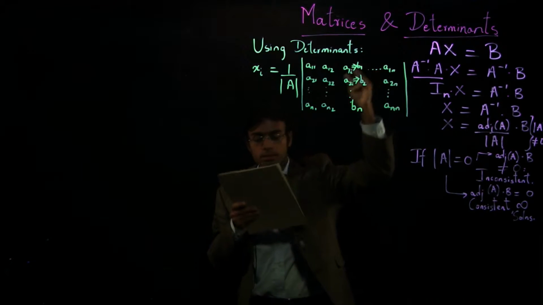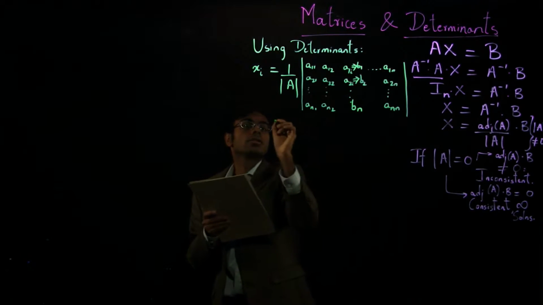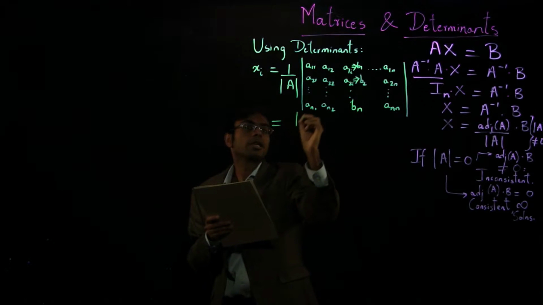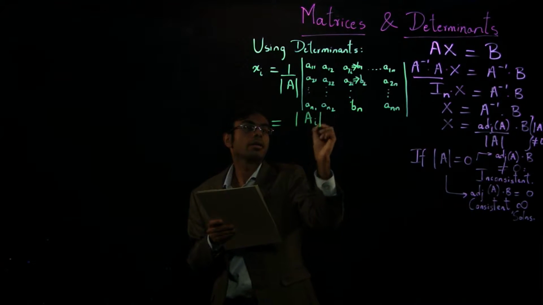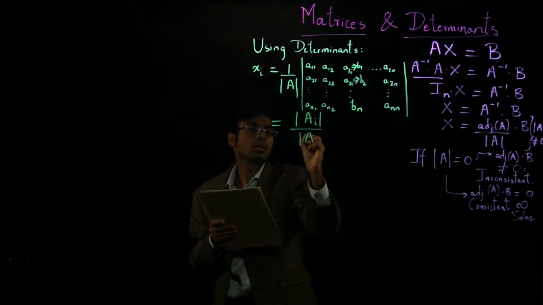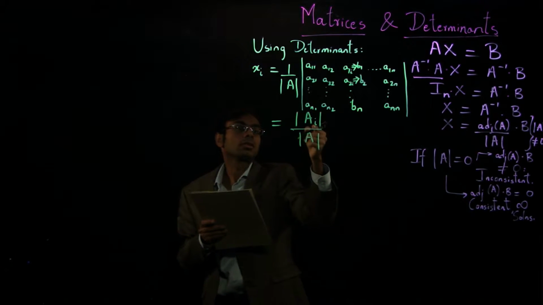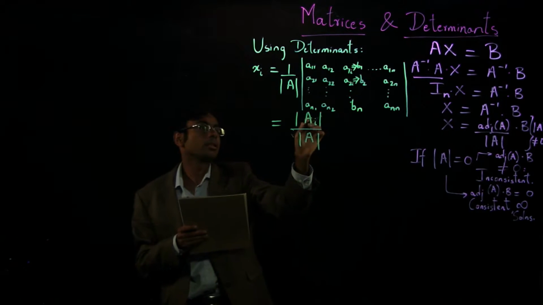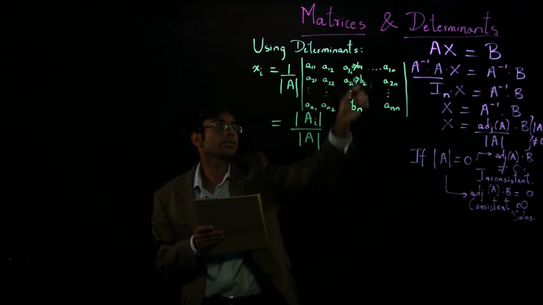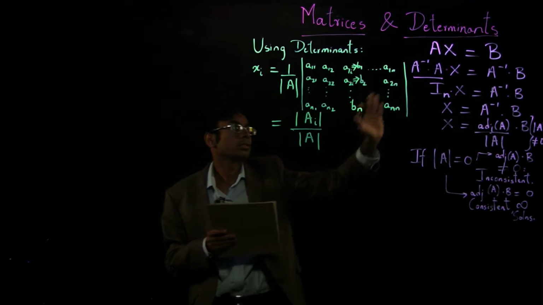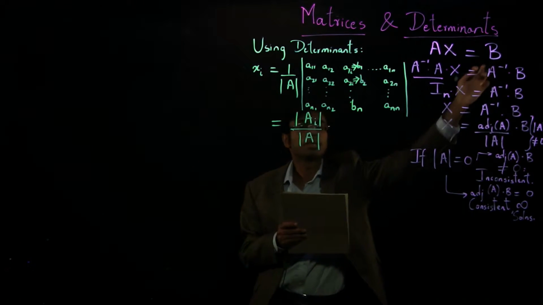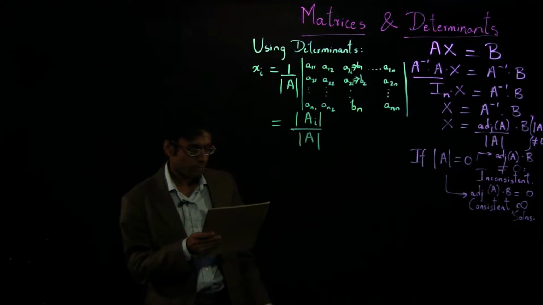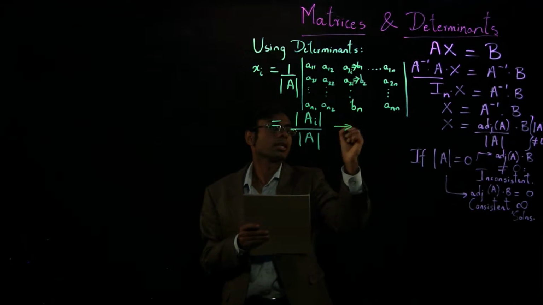So this whole operation, we can write it in shorthand as delta i over delta, where the determinant delta i basically means that you're substituting the ith column of that determinant by the right hand side, or the elements of matrix B, and this is known as Cramer's rule.